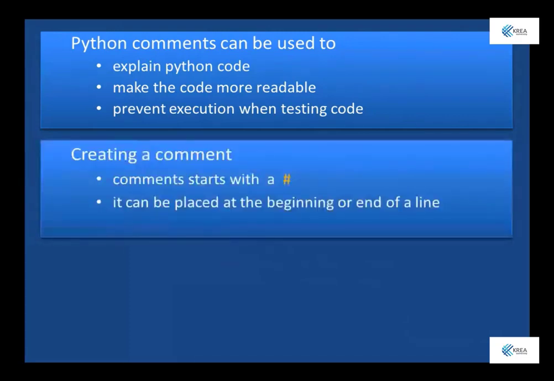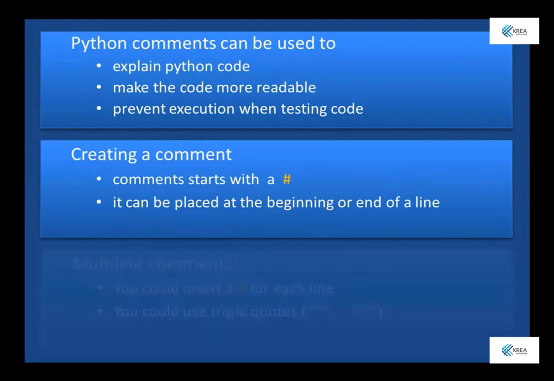Let us understand how to create comments in Python. To create a comment line in Python, the command line should start with a special character symbol, hash. This special character hash can be placed at the beginning or at the end of the line.